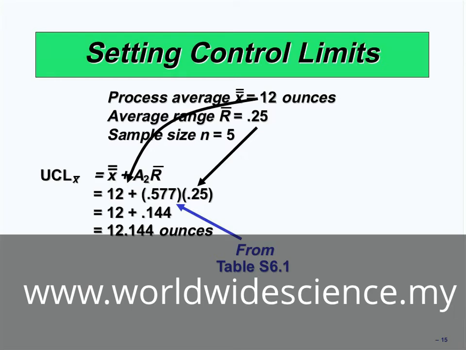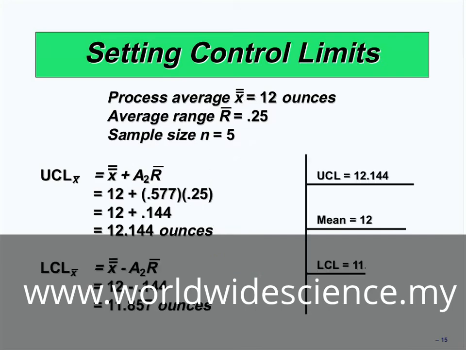I gave you this example without any background, quickly giving only the last data. Okay, LCL is 11.857, UCL is 12.144, mean is 12.